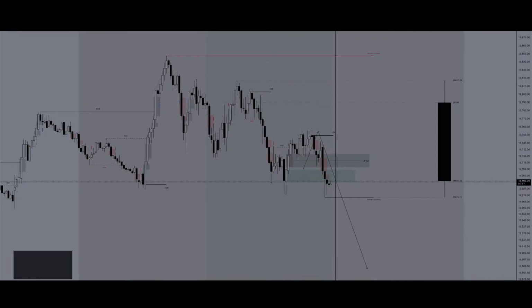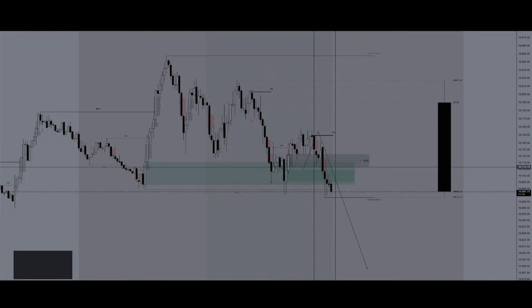4 more minutes. Actually, 2 more minutes. It doesn't look like we're gonna get this setup. Actually, I would have thought we would have gotten this setup at least up here. But it didn't present itself.